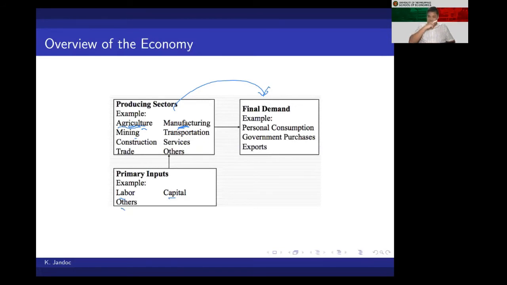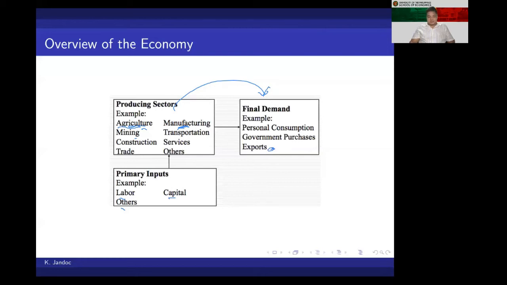For example, the government can use the outputs of the producing sectors. In agriculture, they can buy rice, for example, and households will also consume whatever is produced in the sectors, and so does the rest of the world through exports.